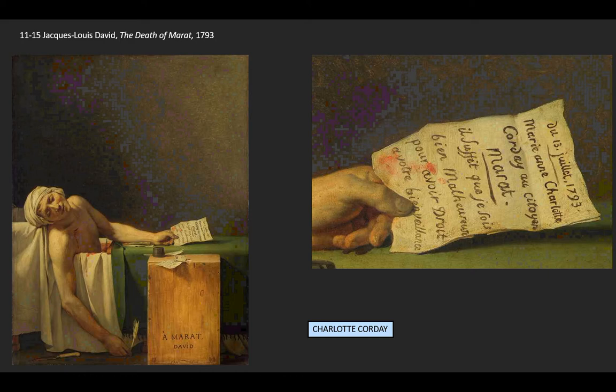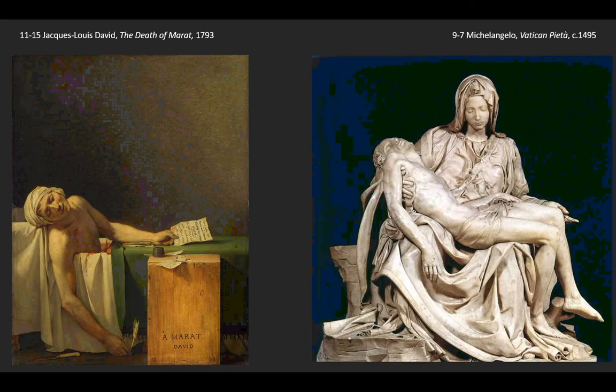David draws on earlier works of art and bases the image of Marat on Christ. That slung arm over the side of the tub directly follows on very famous examples that David certainly knew of, of Christ after his sacrifice. This is intended to help the message that the revolutionaries want to get across, that Marat died for the freedom of mankind.